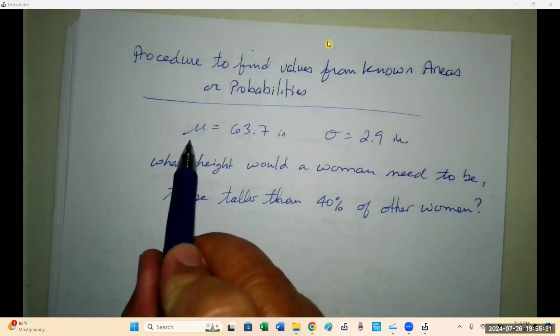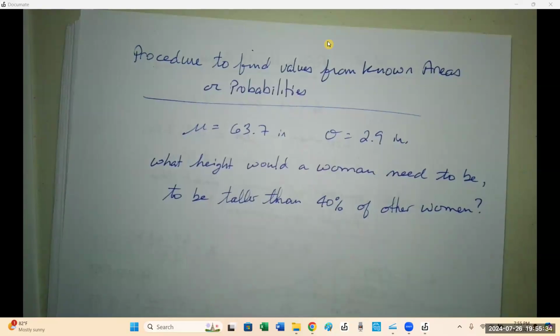Using the same information, the average height of women is 63.7, the standard deviation is 2.9.